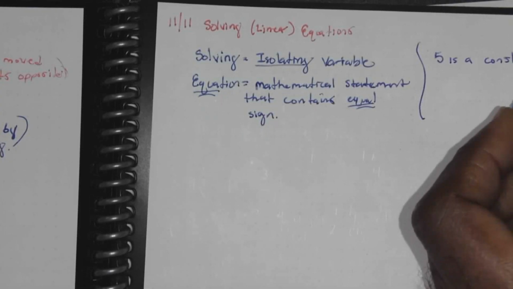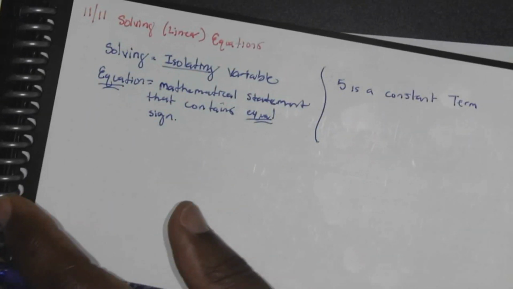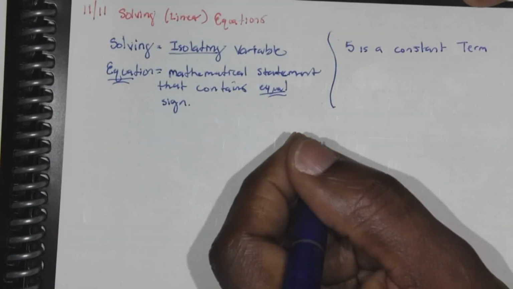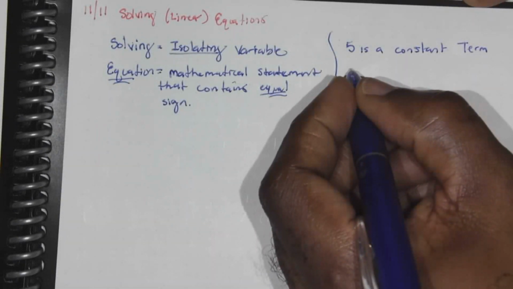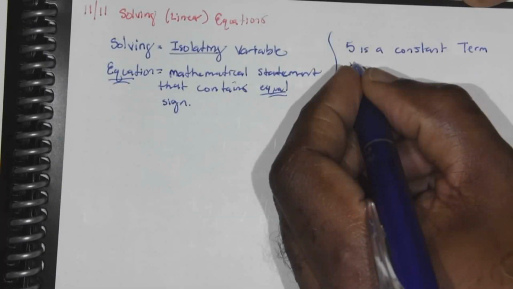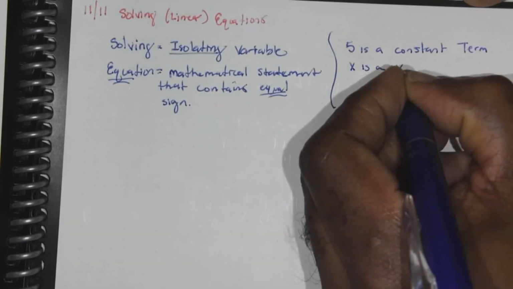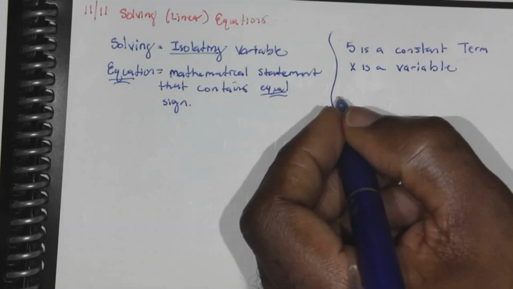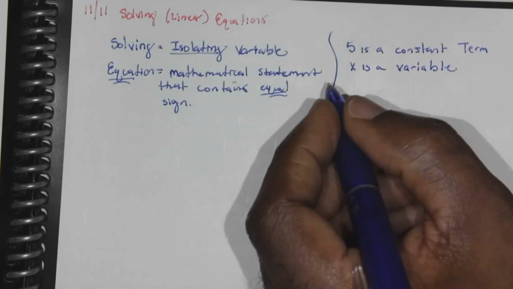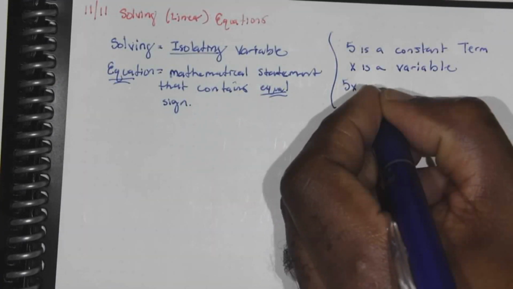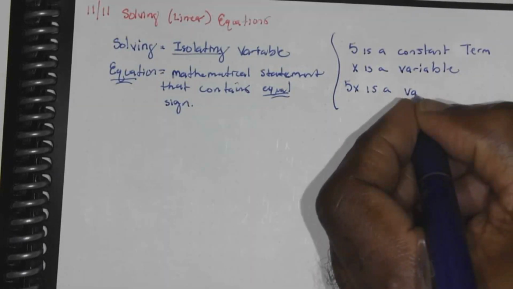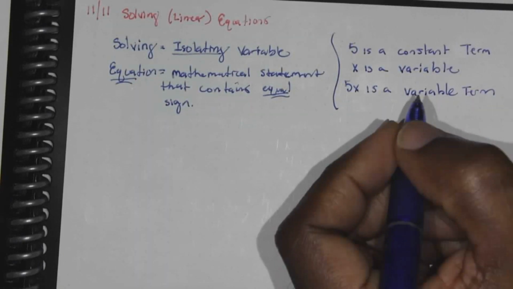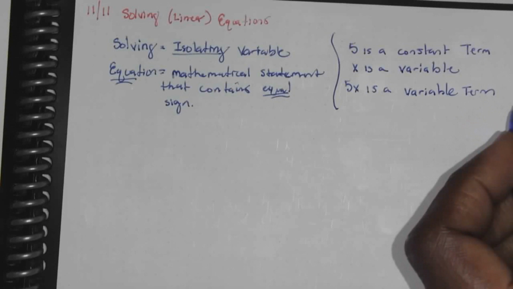Now, give me an example of a variable. All right, x is a variable. Somebody give me an example of a variable term. 5x. Look at that. 5x is a variable term.